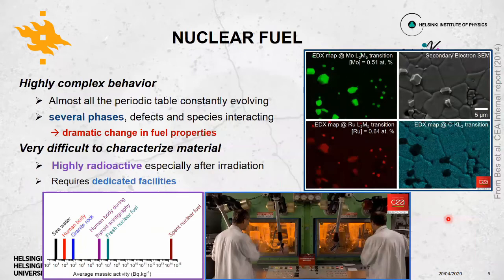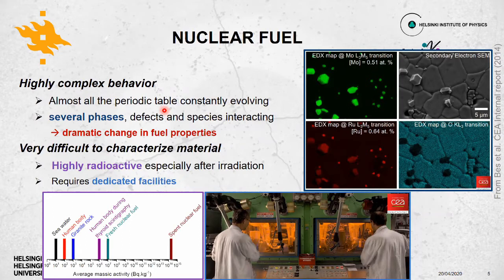The problem is that this material gets more complex when you put it in a reactor, because you have in it almost all the periodic table, and the composition is constantly evolving due to the radioactivity. And this produces chemical reactions, of course. So at the end, you have several phases, defects, and species interacting together, which change the fuel properties dramatically.